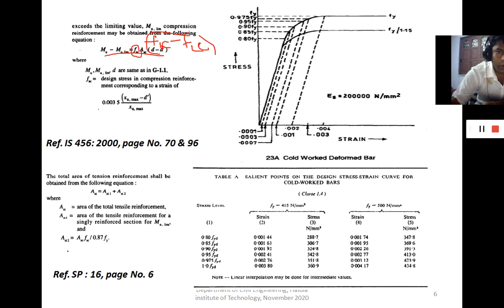It is given on page 96, the epsilon sc equal to this expression, to find out the strain at the location where the compressive reinforcement is placed.